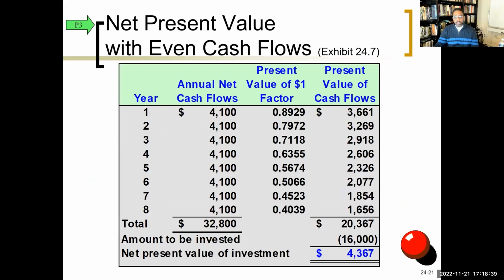So if that's the case, what we're going to do is take a time value of money sheet. I have one right here. So we're going to take a sheet, and it's going to look like this. Hopefully everybody can see that, right? It comes in two sets.